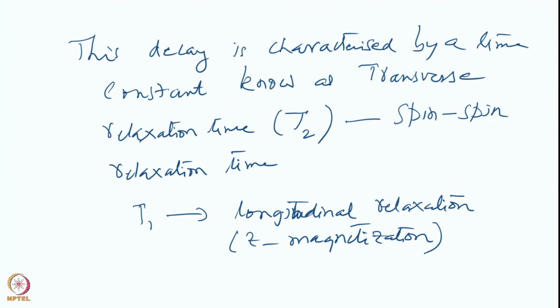in the transverse plane. Now, there is one more concept which we need to understand here, that is transverse magnetization. What does it represent? It represents a kind of phase coherence between the spins.